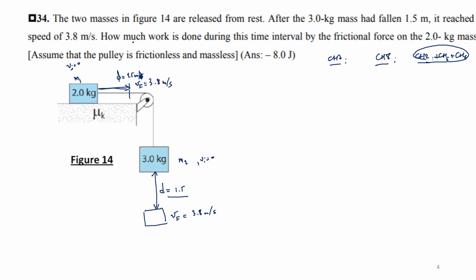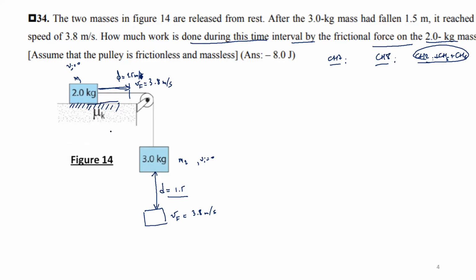Okay, now the question is how much work is done during this time interval by the frictional force on the 2 kilogram mass? So this 2 kilogram object is on this table here, which has friction, which is rough. So now the question is, what is the work of the friction here when this object moved on this table by 1.5 meters?